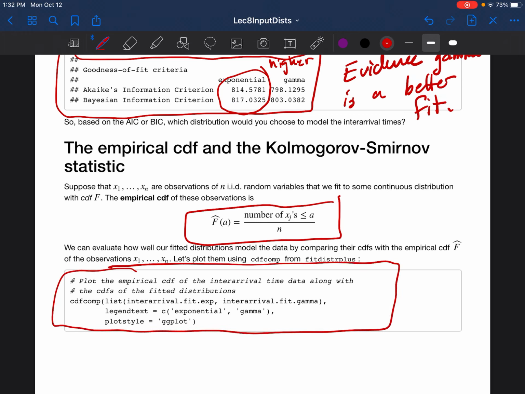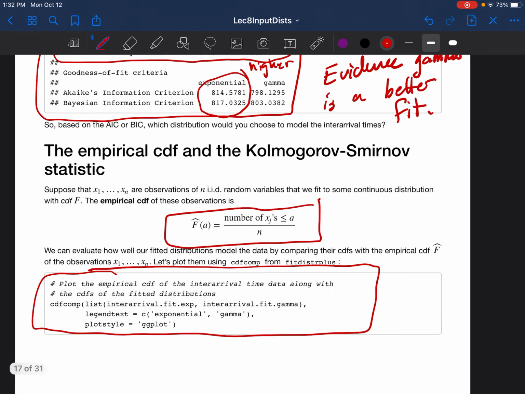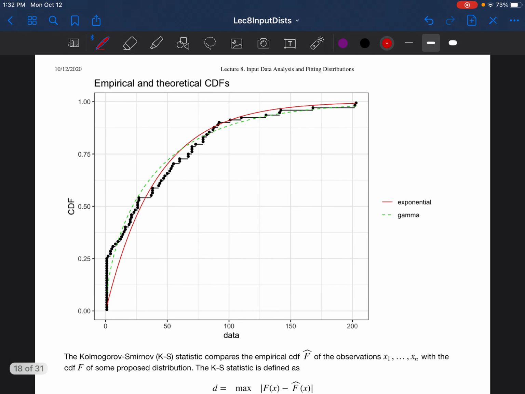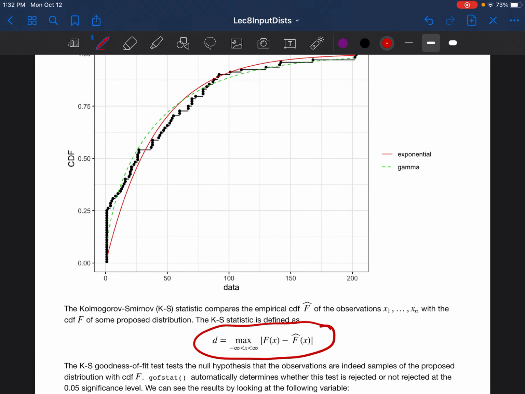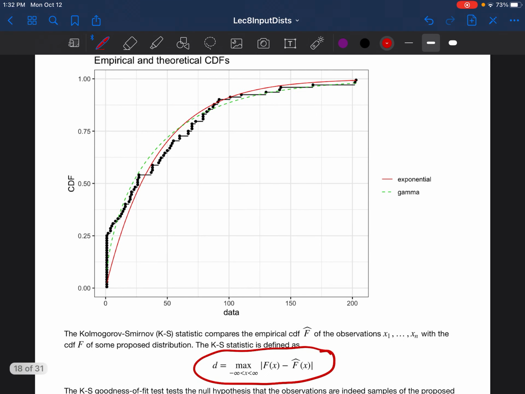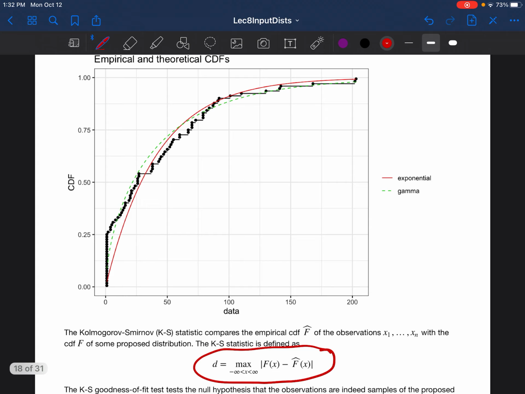Okay. In R, of course, we have a command that computes that for us. It's called cdfcomp, and it's going to compare these different fits with this empirical CDF. And it gives us something that looks like that. With the Kolmogorov-Smirnov, we want to get the maximum difference between the empirical CDF and the theoretical one. The black line is a step function for the CDF because it jumps for each observation with a different value that's higher.